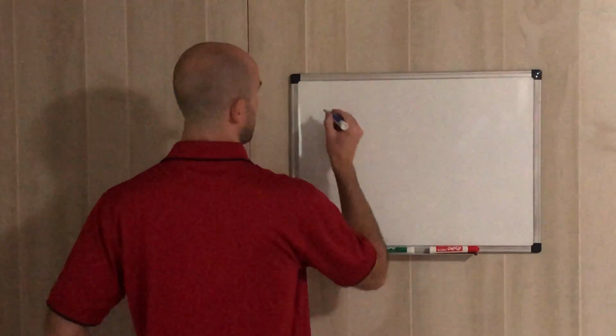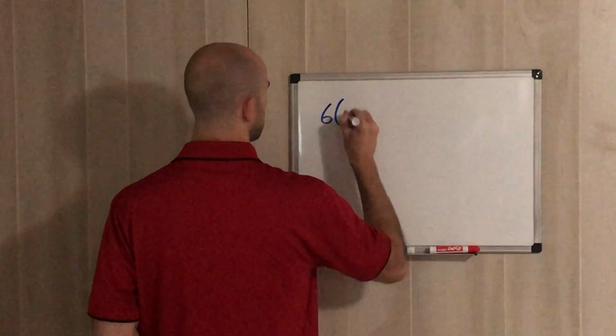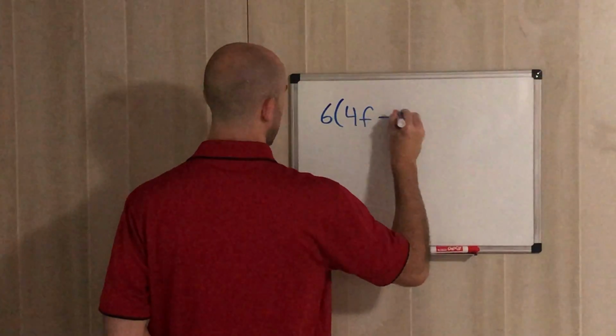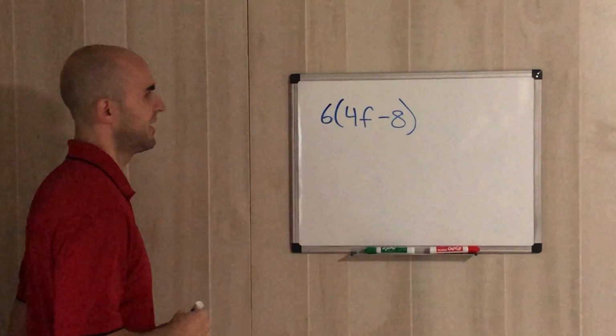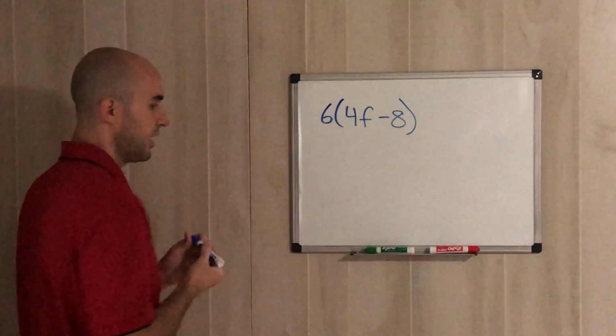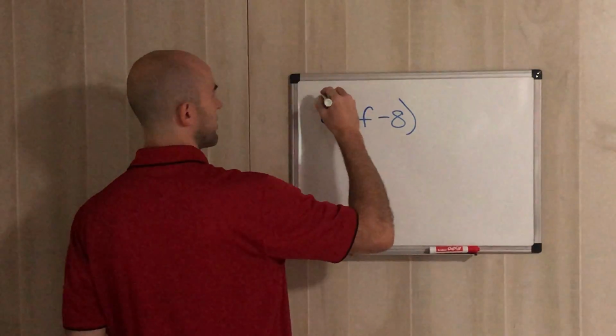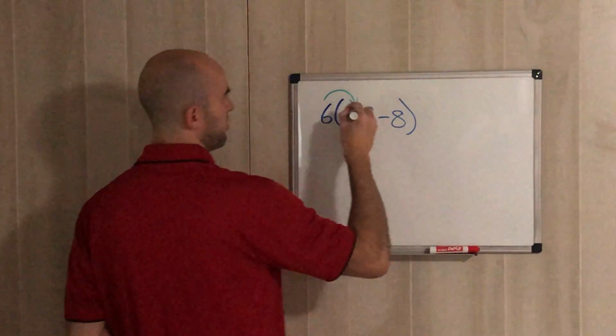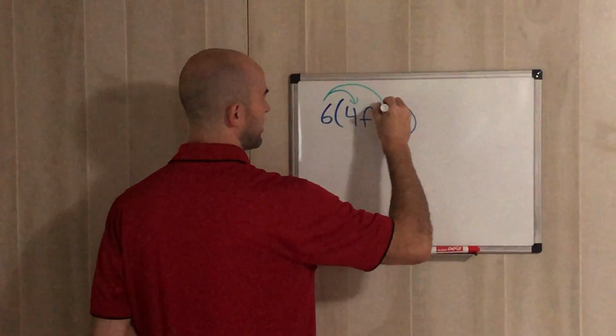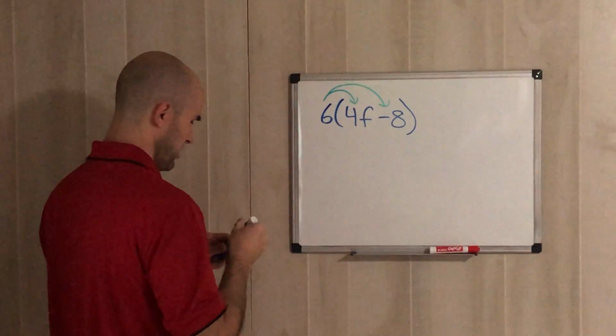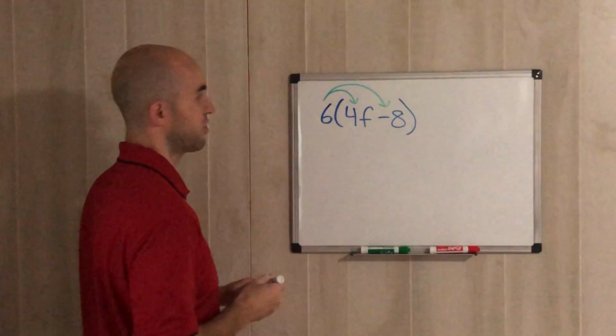So let's say we have 6 times (4f minus 8), right? Following distributive property, you know that everything on the inside has to be applied with the 6. So the 6 is going to distribute to the 4f, and the 6 is going to distribute to the 8. Whenever you distribute, it's always multiplication.